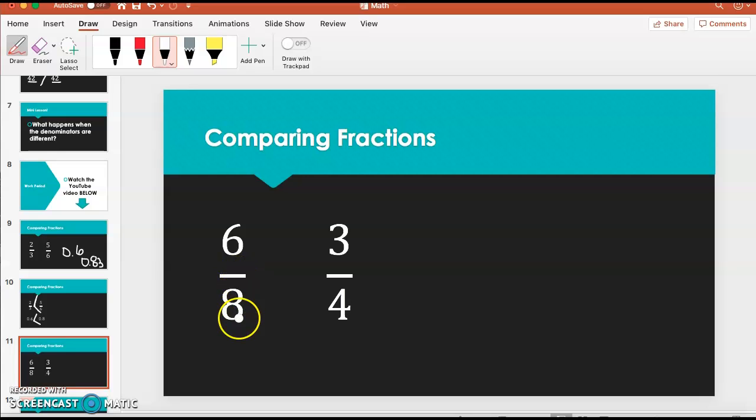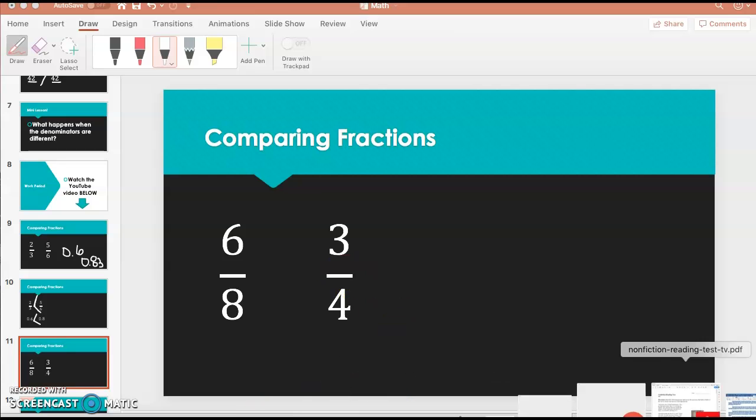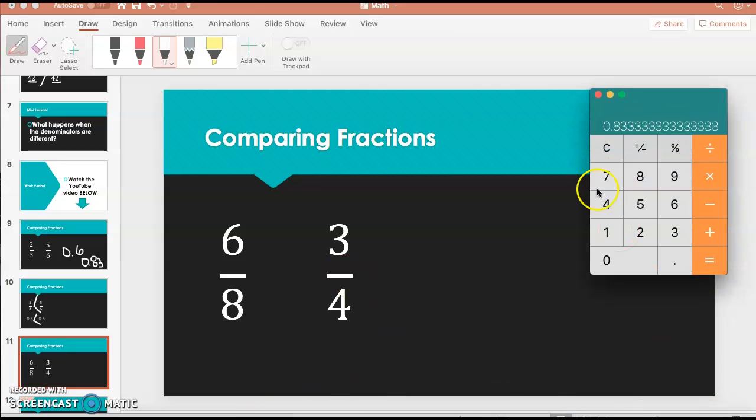6 over 8 and 3 over 4. Well, let's do that in our calculators real quick. Is my calculator hiding from me? It sure is. 6 over 8. We know that 6 over 8 is 6 divided by 8. 0.75, okay?